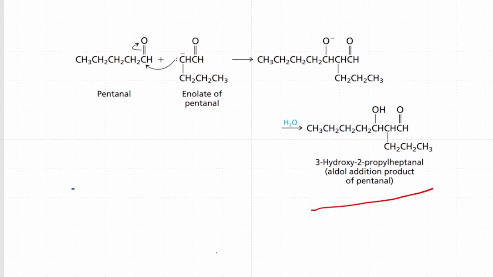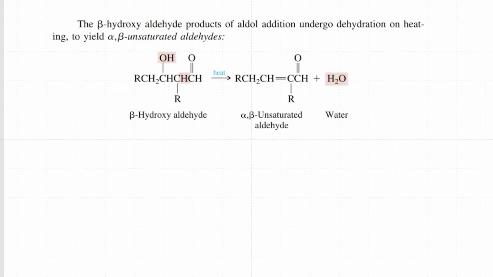But the story doesn't end here. What invariably ends up happening is that these beta-hydroxy aldehydes have a tendency to lose water and produce an olefin. As we have discussed previously as well, there's a dehydration reaction which can give you an alpha beta unsaturated aldehyde.